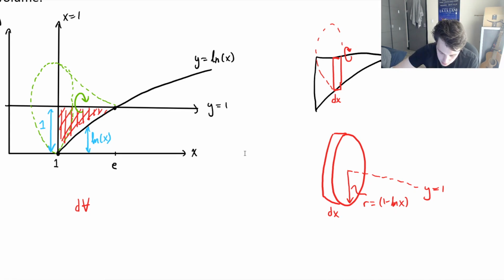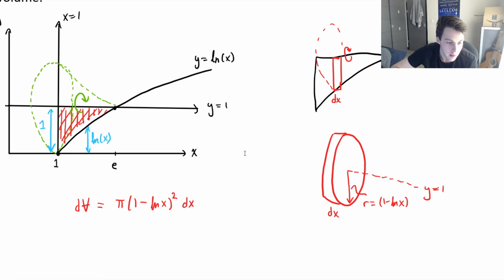But the goal here, let's create an expression just for a singular differential volume. Like we just talked about, the top face of that differential volume will just be pi r squared, which is pi times, and we said that the radius at any point would be 1 minus ln of x, squared, times dx.